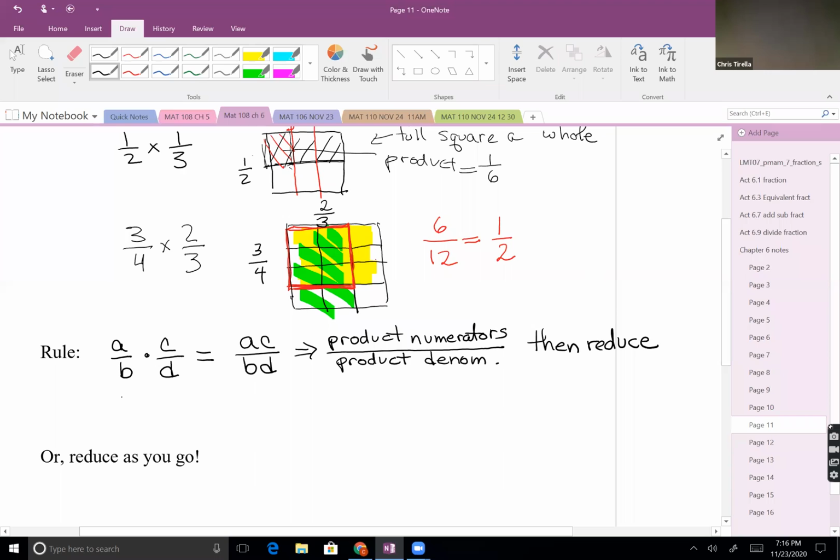Otherwise, I would have 3/4 times 2/3, and multiplying across gives me, let's show that middle step, 3 times 2 over 4 times 3, which would give me 6/12, which I can reduce to then 1/2.